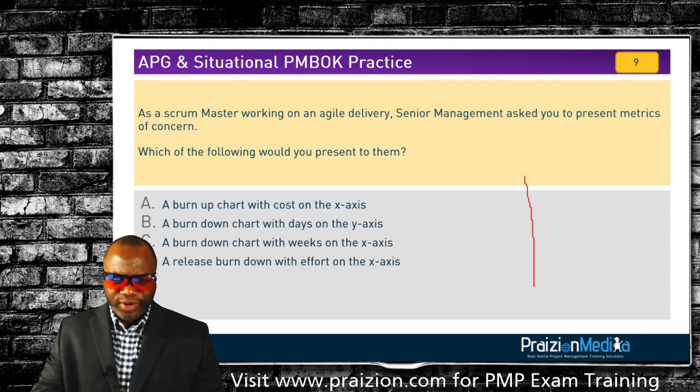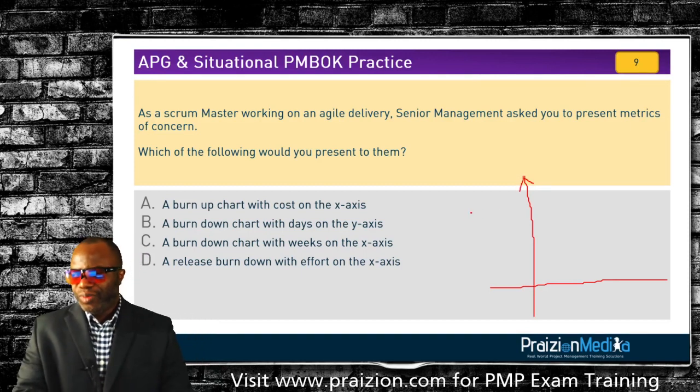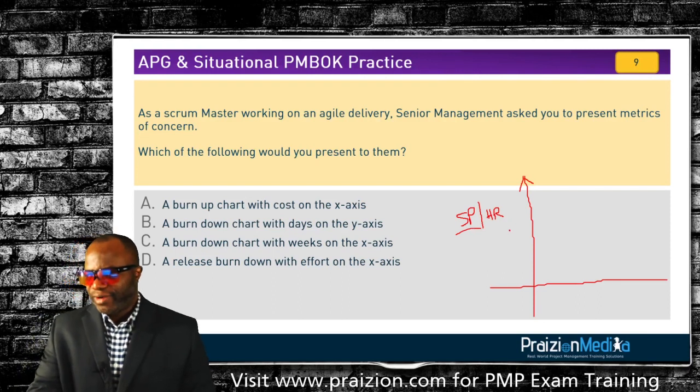Okay. So you might recall on a burn chart, on the y-axis, it could be story points, it could be effort, such as hours. Okay, but it's typically the story points, right?